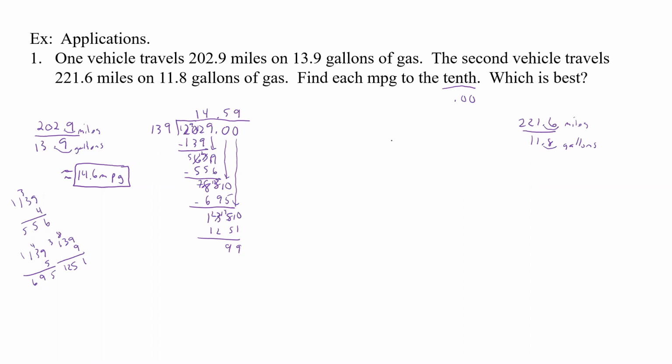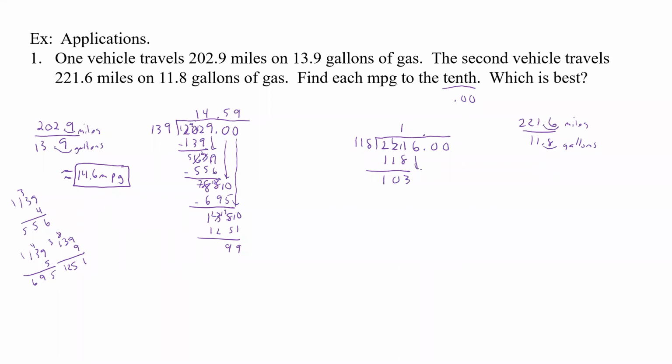Now our second one, we have 118 into 2216.00. All right, so again, 118, that's only going to go in there one time. So that's going to be 118. And so we can borrow 1 here, 8, 9, 10, 11, 110, 211.